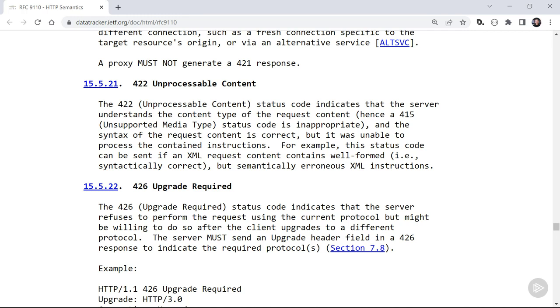So, a 422 is now officially part of the HTTP semantics document, but they did rename it. It's now named unprocessable content instead of unprocessable entity. Seeing it is still early days, it will probably take a bit of time for frameworks like ASP.NET Core to adopt this, but chances are pretty good it will happen in the upcoming years.